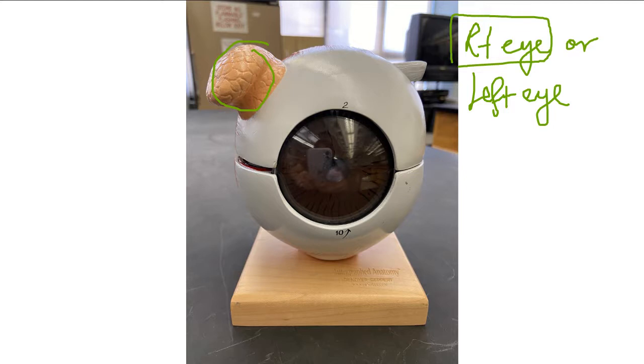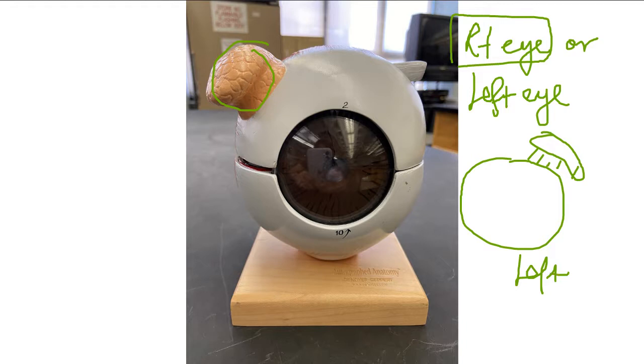If the eye is such that the lacrimal gland sits over here, again up here, around 1 or 2 o'clock, then it'll be the left eye. That's the left eye, and this is at 1 or 2 o'clock.